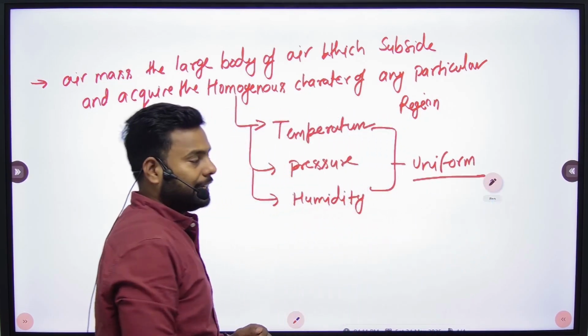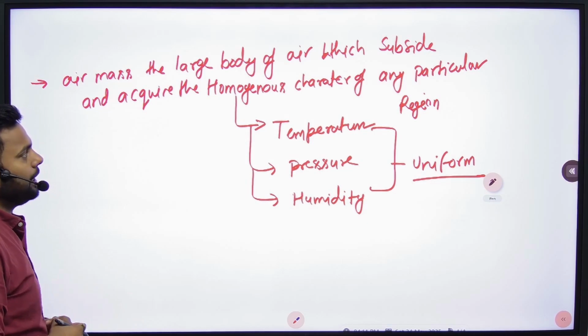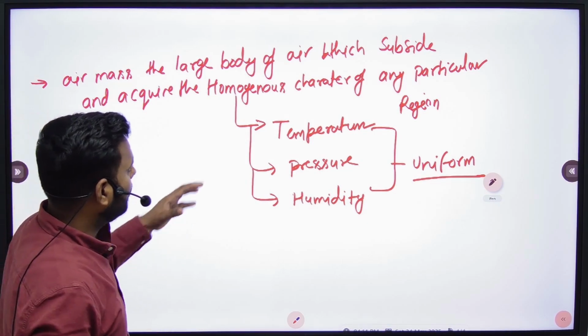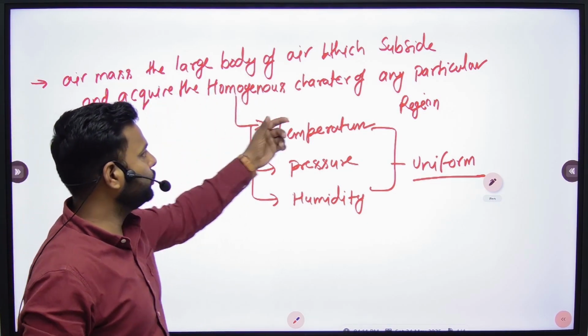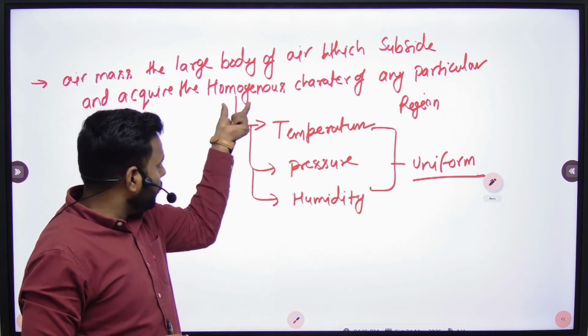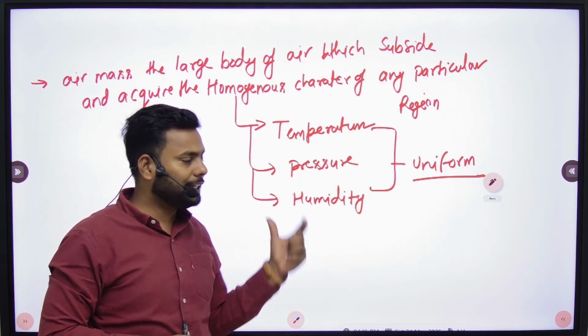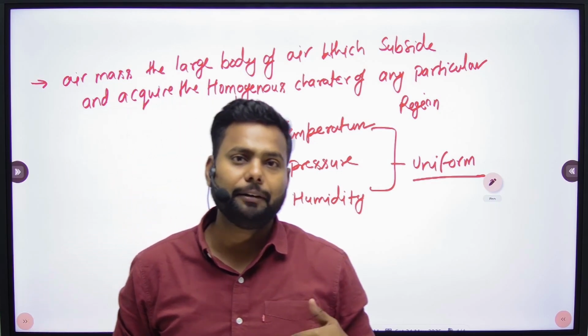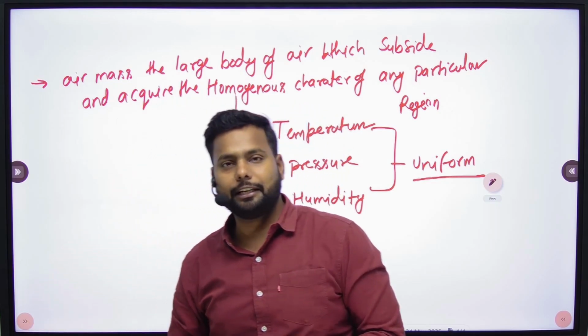So what is the air mass? Air mass is a large body of air which subsides and acquires the homogeneous character of any particular region, where homogeneous means homogeneity in temperature, homogeneity in humidity and homogeneity in pressure.